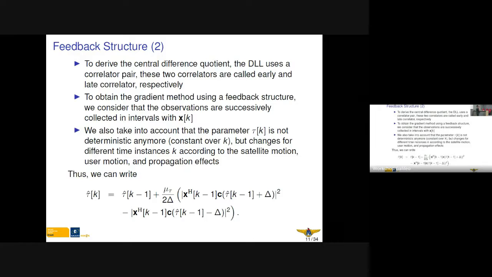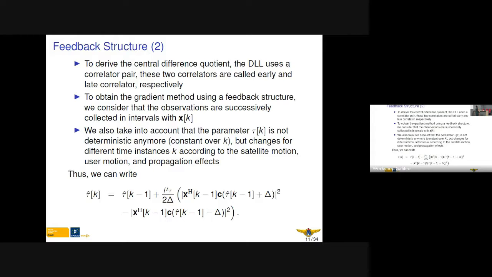To derive the central difference quotient, the DLL uses a correlator pair, as we have seen. These two correlators are called early and late correlators. You can find that in any literature on delay lock loops.